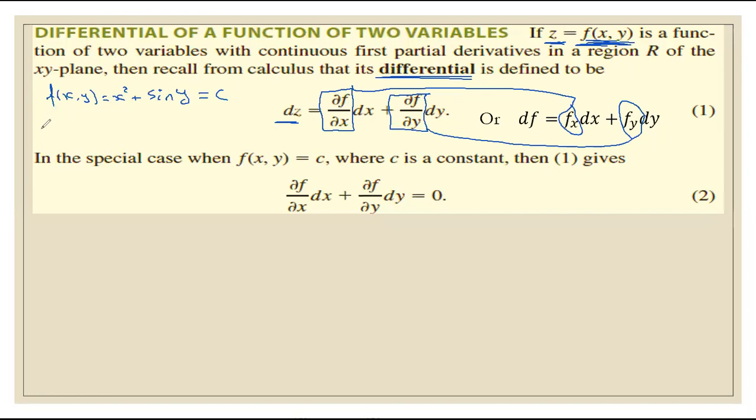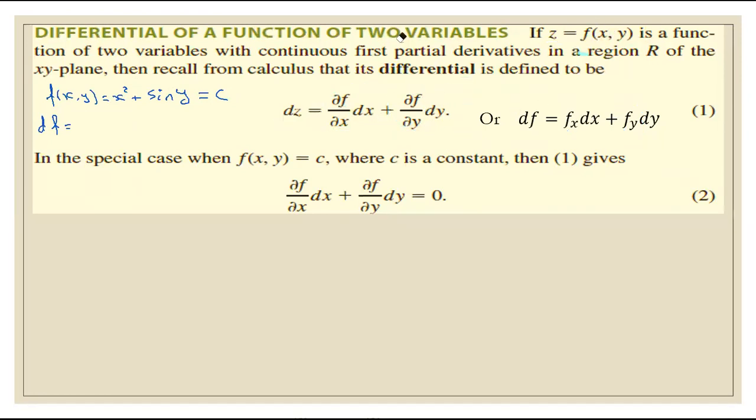So the differential of f will be, here is the rule. Let me clean those. So now to find the differential of f, or z, I'm going to apply this rule. Now I'm going to find the differential for this side.